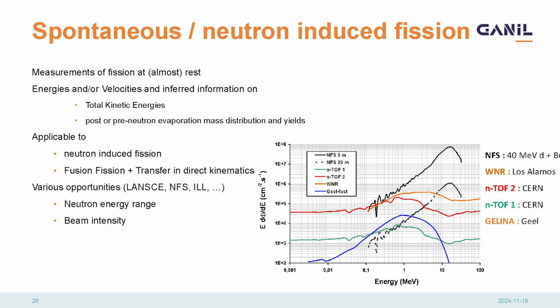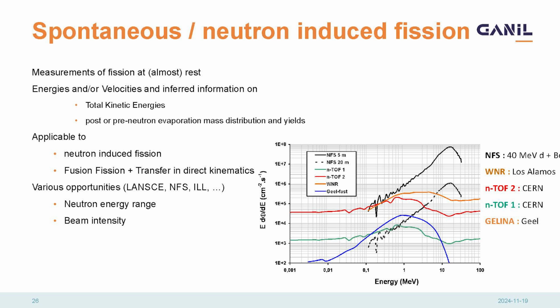So from these very simple measurements, we can go to a lot more types of measurements, because the techniques are the same for most of the neutron-induced fission experiments. And when you can get the total kinetic energies, you can try to get the post- and pre-neutron-evaporation mass distributions and yields.